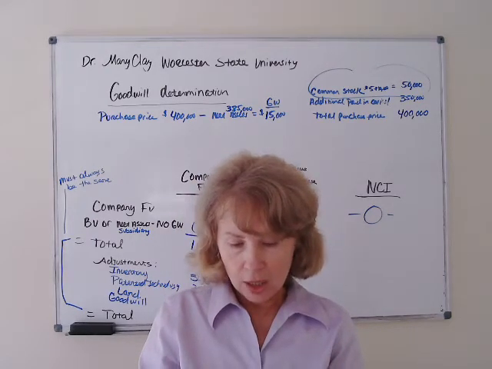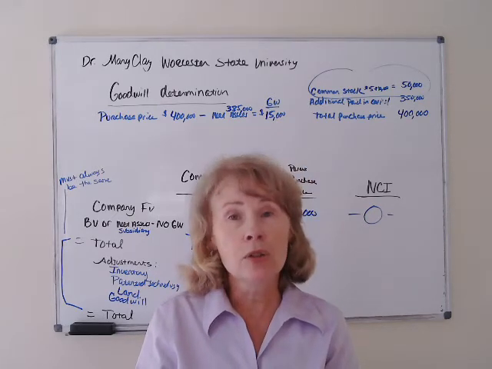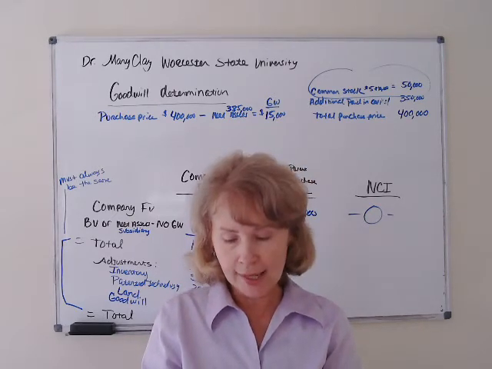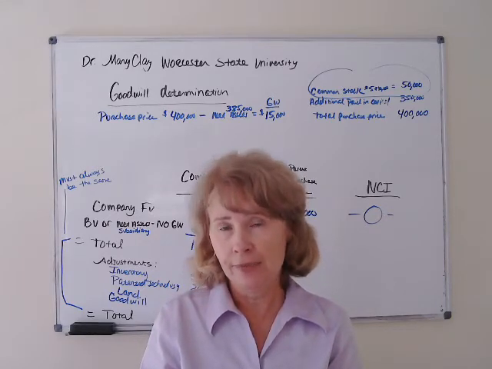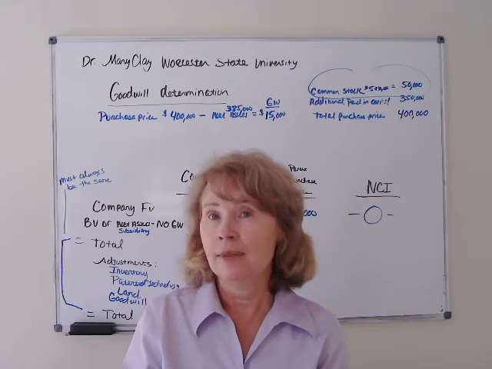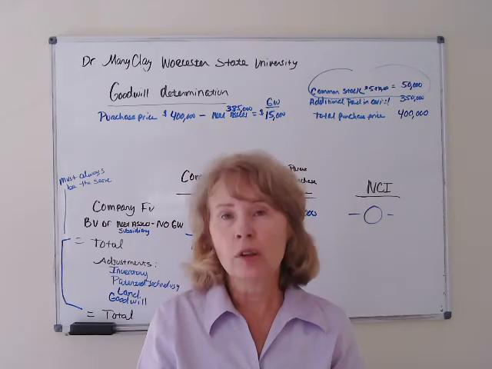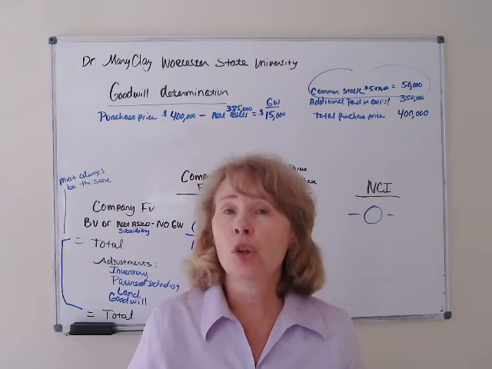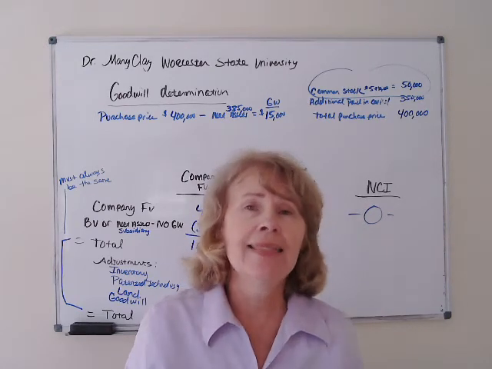All right, now let me go look at what else has changed. Liabilities have changed. Liabilities on the books were 360, but the fair market value is 350. That could be a discount on a liability, but anyways, your liabilities went down. You're going to have to debit your liabilities. How much? $10,000.